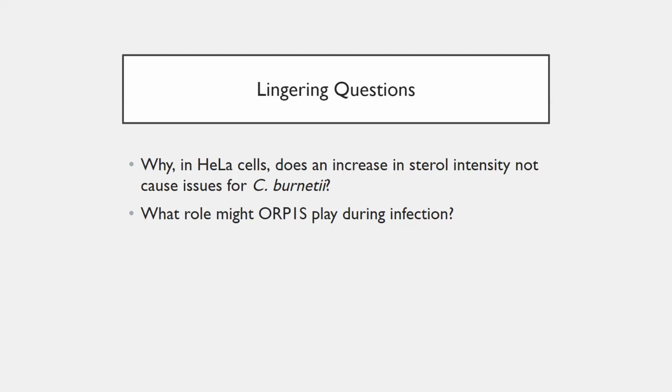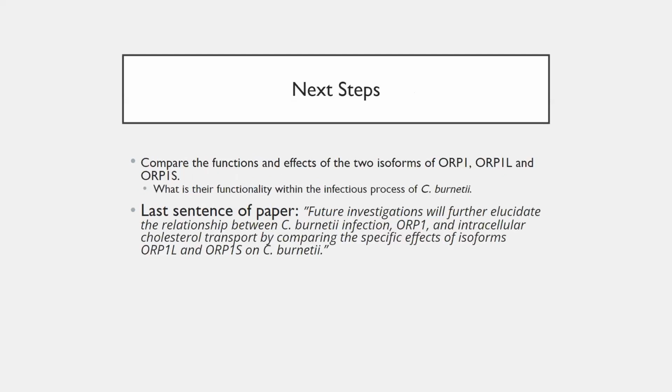And then also, what might the other isoform, ORP1S, play during the infection? Of course, the next steps would be to compare the 2 isoforms, ORP1L and S, and how that affects the infectious process and causing Q fever.